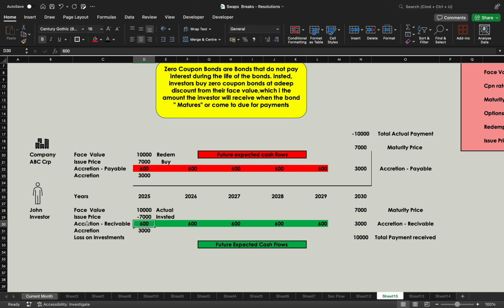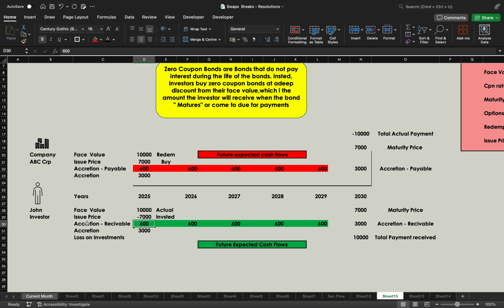Now see how investors book that accretion every year. For valuation purposes or even accounting purposes, the investor will calculate accretion and spread that accretion across 5 years, 10 years, 20 years, depending on the investment horizon of that particular instrument.